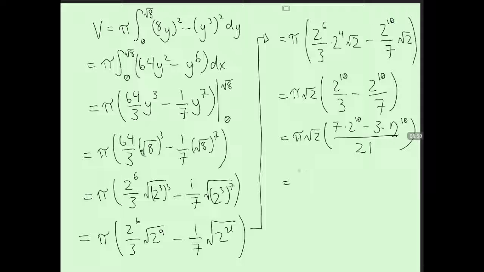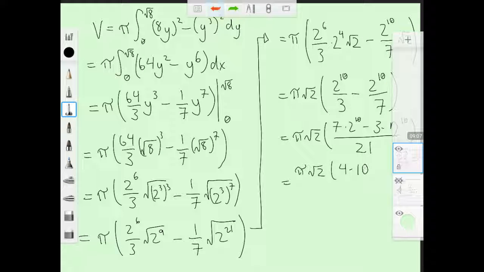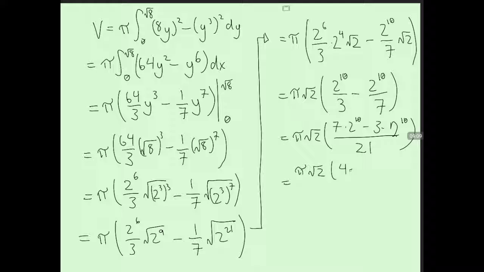If we continue simplifying, we get pi times root 2, 4 times 2 to the 10, all over 21. And this 4 can be expressed as 2 to the 2. So we have our final answer, pi times root 2, 2 to the 12 over 21.